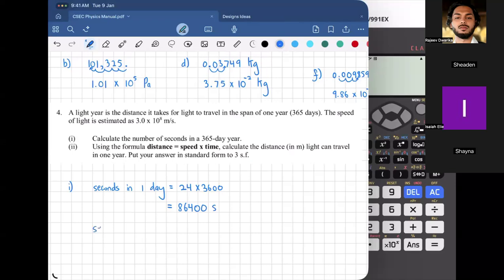Yeah, you have to find it for 365 days. So you have to multiply by 365. Right, seconds in 365 days.